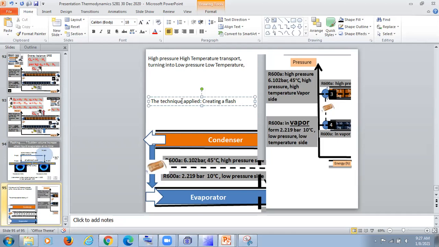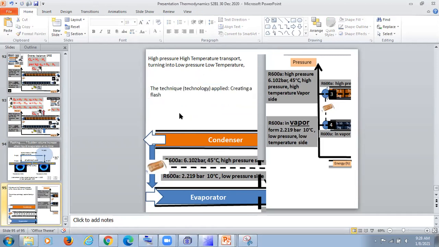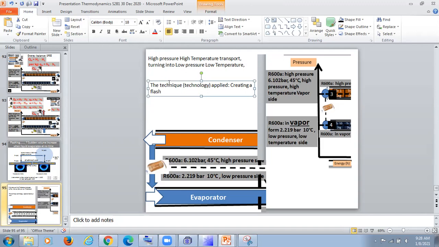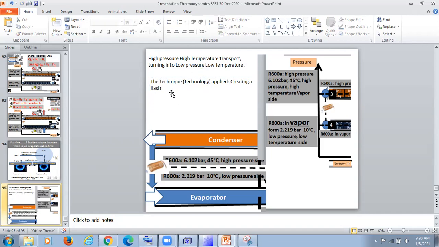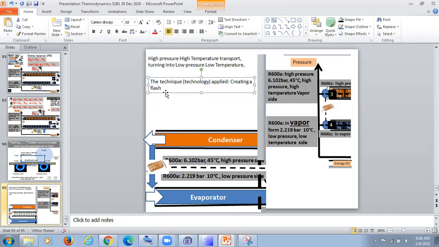This is the technique or the technology, creating a flash. And you know what flashing is for? Flashing effect.